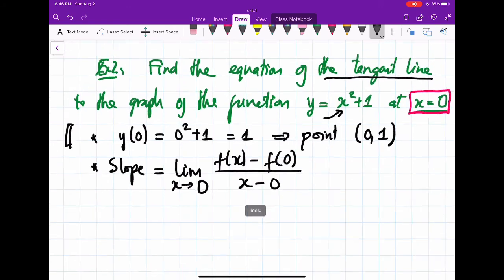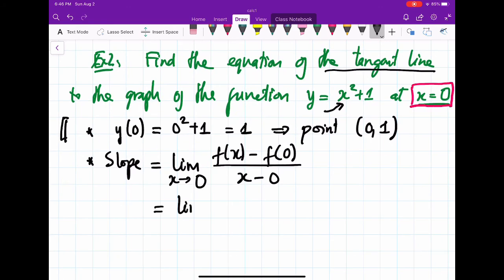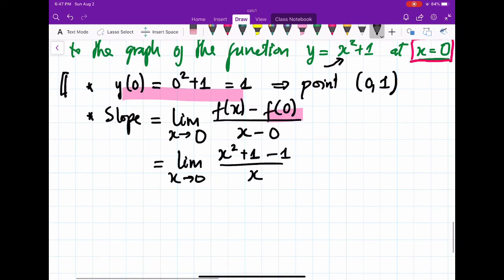Now that is the limit of f of x, which is x squared plus 1. What is f of 0? We already found f of 0 right here. That is 1. So I just write minus 1 in here, divided by x, x approaches 0. We simplify the 1 on the top. I have the limit of x squared over x, x approaches 0.